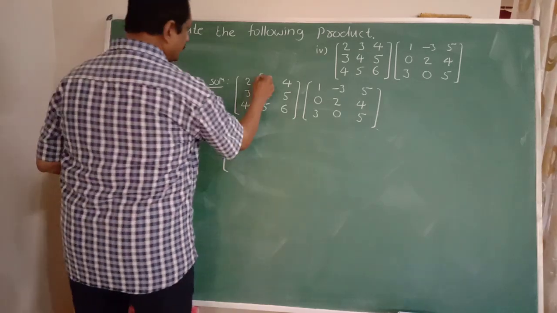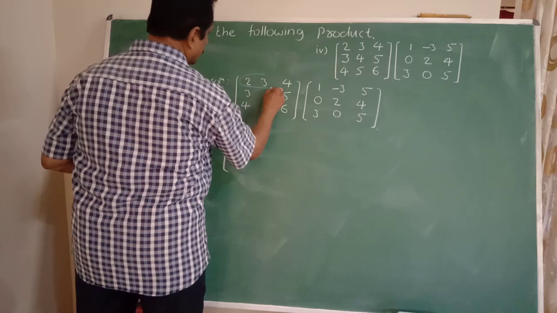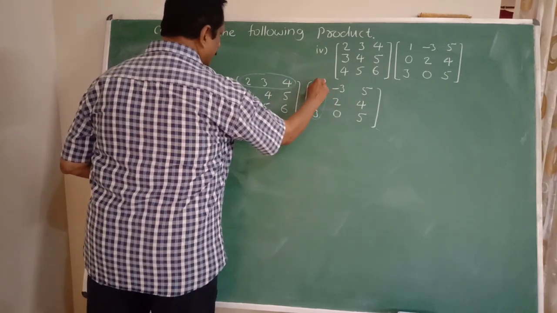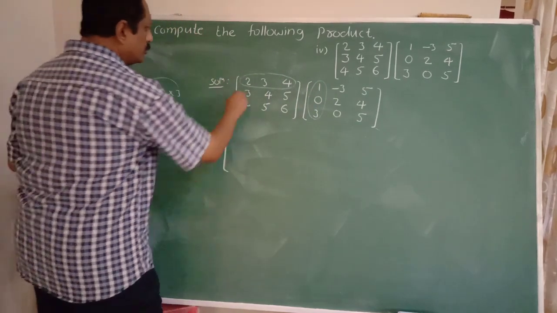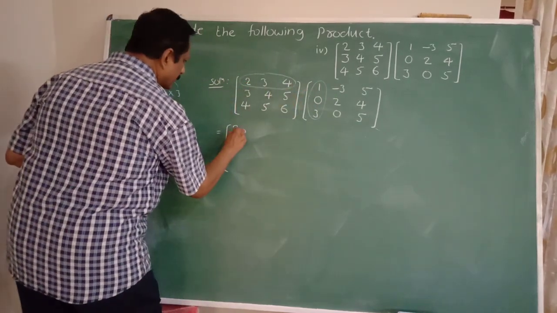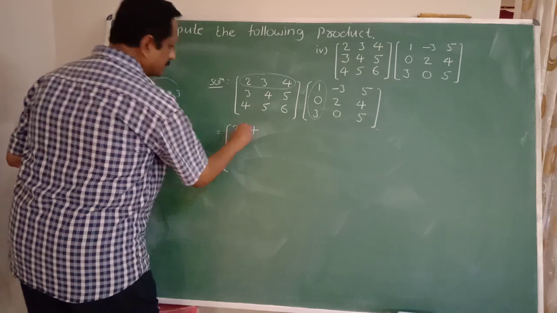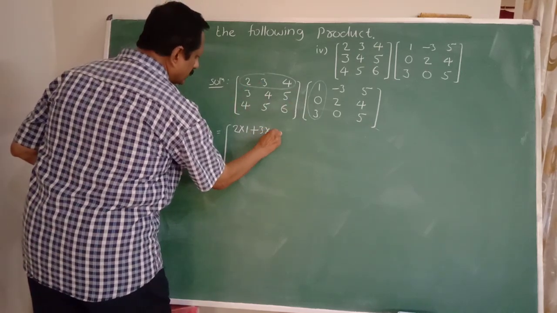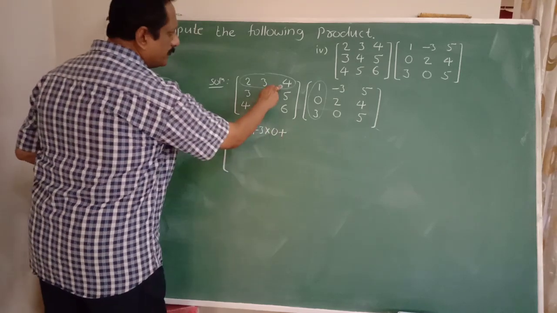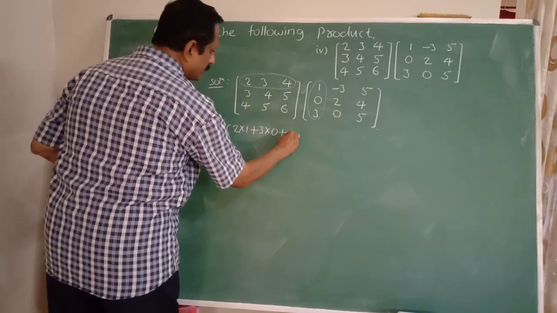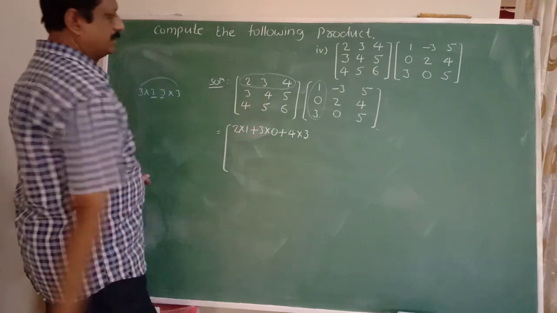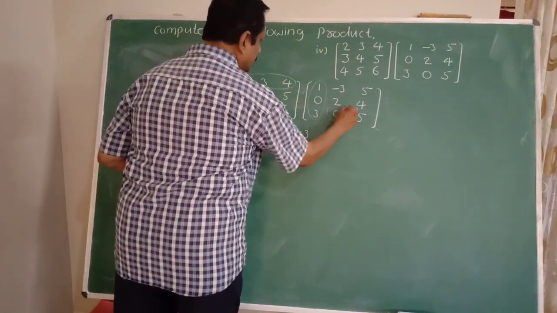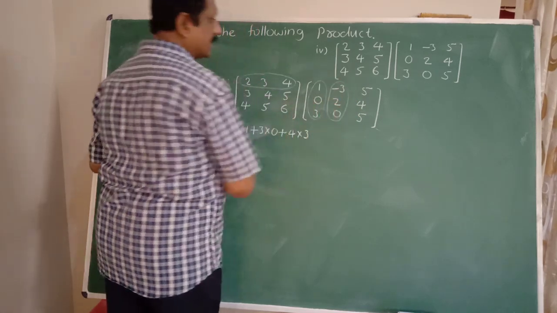So multiply this row with this column. Okay, so 2 into 1 plus 3 into 0, plus 4 into 3. Okay, next multiply the first row with the second column. Take the second column.